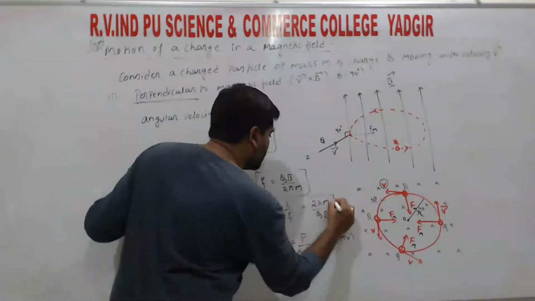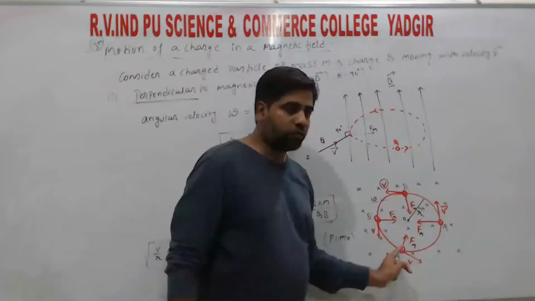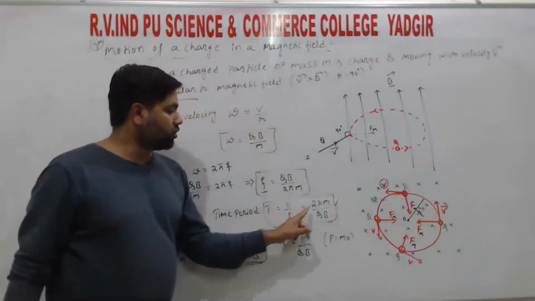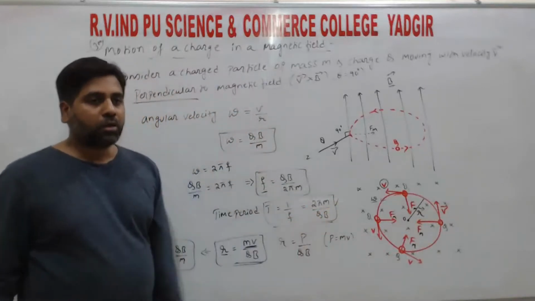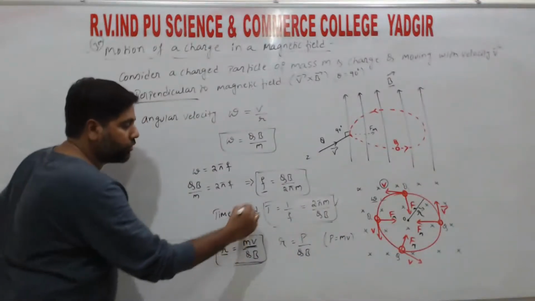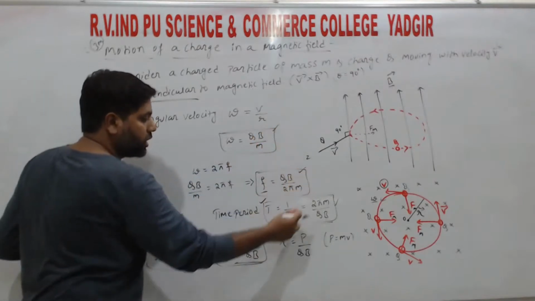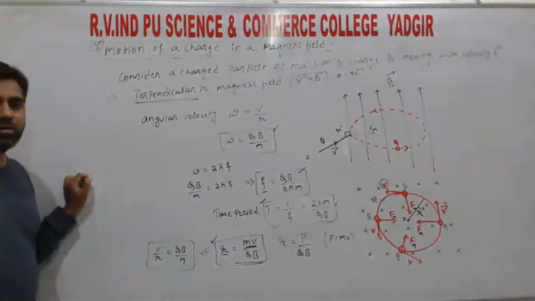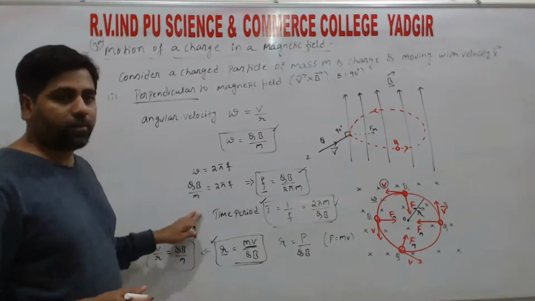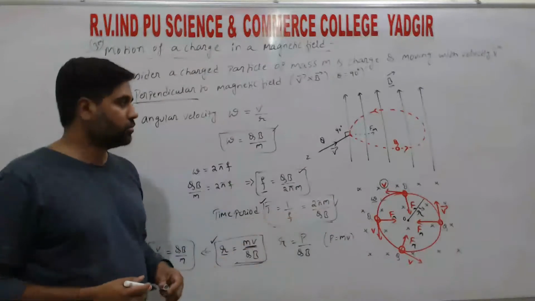This gives the time period, the time taken for one complete revolution: T is equal to 2 pi m by qB. So we have these relations; they may ask for the radius or the time period. We should know both, and this helps in deriving the time period. For 3 marks this is important.